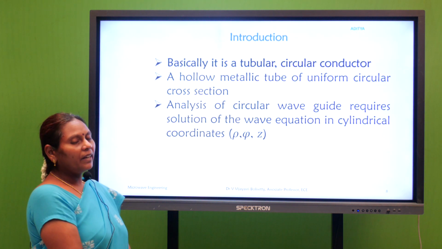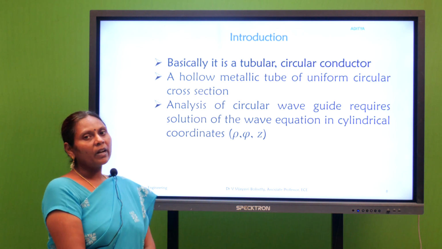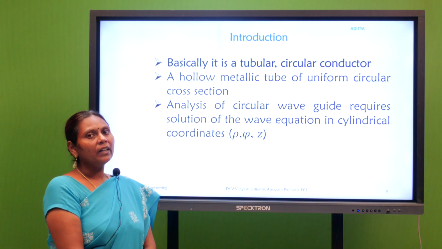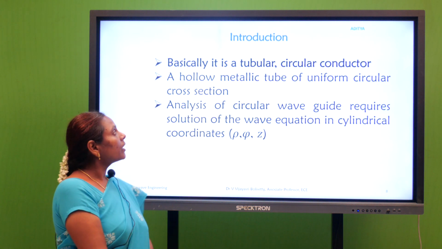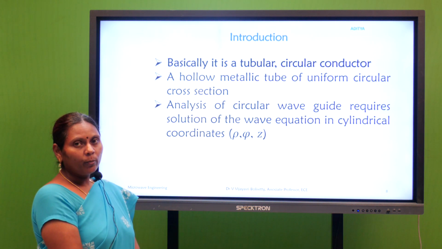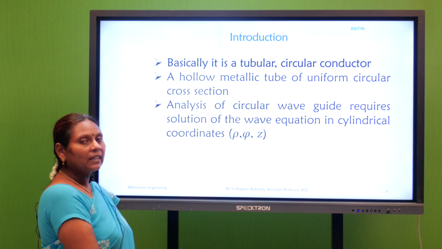So, coming to the introduction, basically the circular waveguide or a cylindrical waveguide is nothing but a circular conductor. Okay. So, it is just like a tube and the conduction takes place in a cylinder.